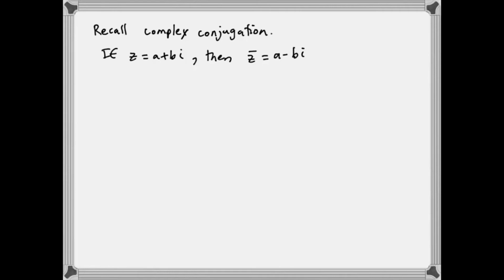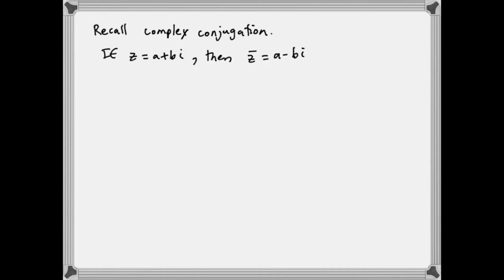Okay? Why is this important? Well, it has to do with the nature of when you solve any formula or when you factor any polynomial, what do the roots look like?